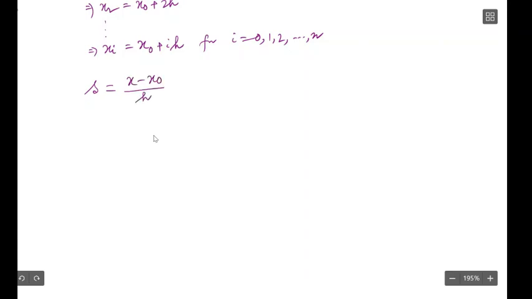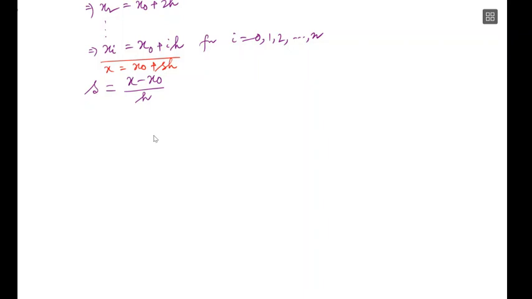Why I am taking it in this way? Because it will replicate this one. If you take x equals to x0 plus sh, where s is a variable, then s is given by x minus x0 by h.